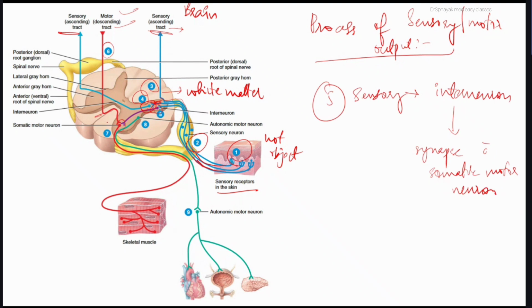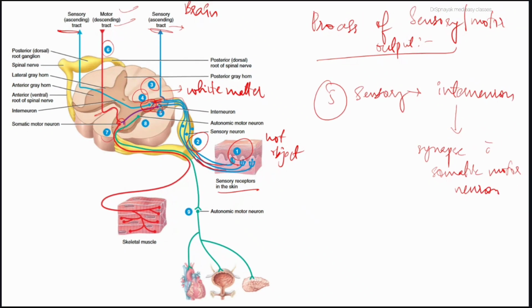In the seventh process, somatic motor neurons form synapses in the anterior gray horn, and this is the synapse between the interneuron and the skeletal muscle. So because of the sensory impulse that we received through the interneuron synapse, the order is given to the skeletal muscle and this is a somatic motor response.